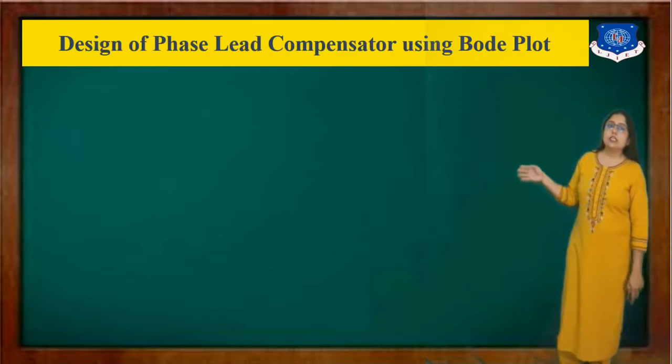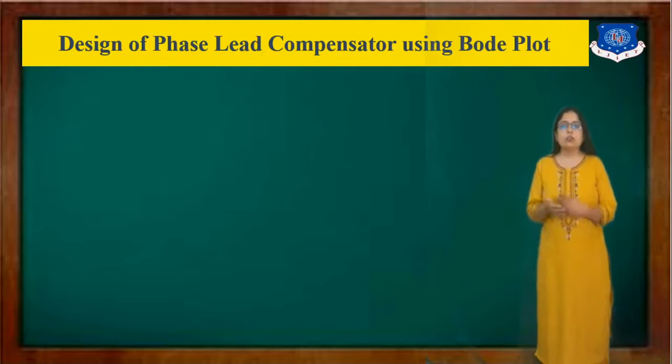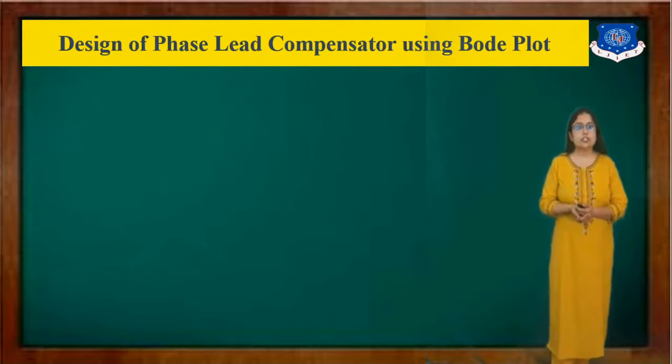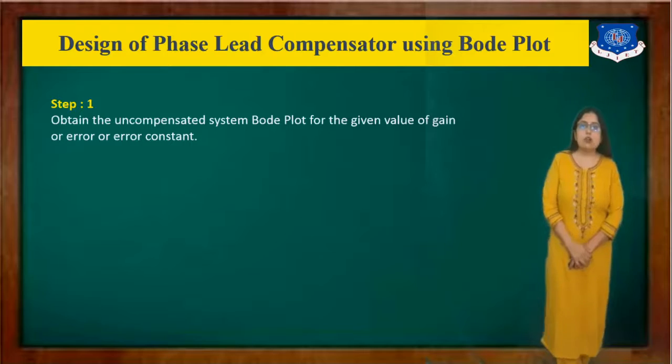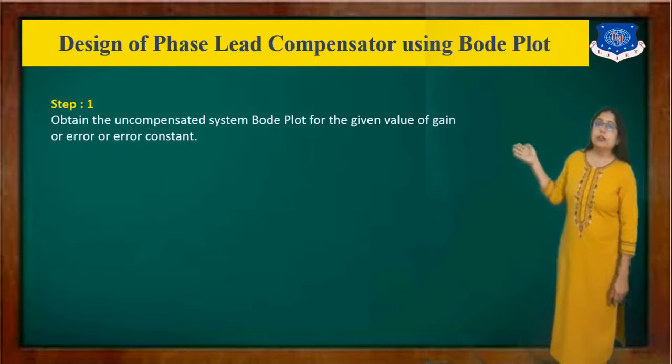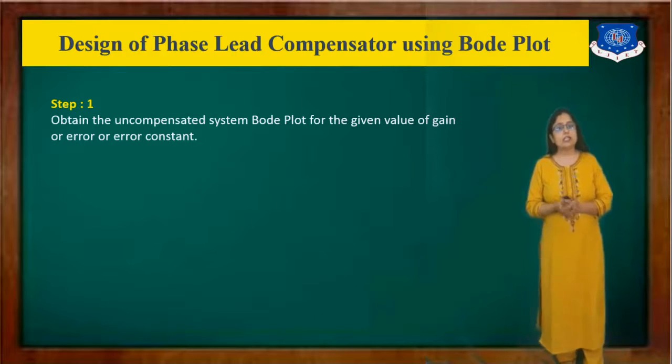First of all, we see the rules. That means how many steps we need to perform when we want to design a lead compensator using the Bode plot. Step number 1 is to obtain the uncompensated system Bode plot for the given value of gain, or we can say for the error constant.